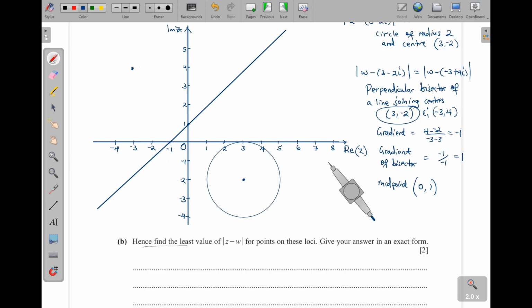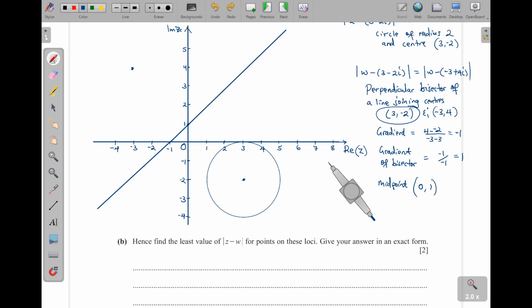Then next, hence find the least value of this for points on these loci. Give your answer in an exact form. Now Z is the locus of points that are lying on the circumference of this circle, which are exactly 2 units from this center. Okay, so the Z values are on the circumference, and then the W values are on this perpendicular bisector.